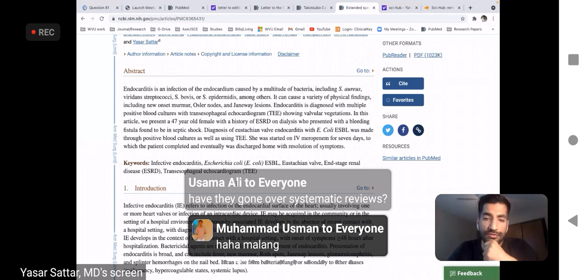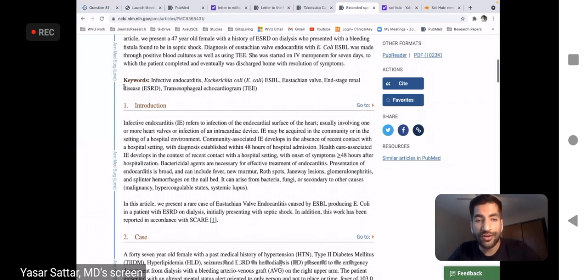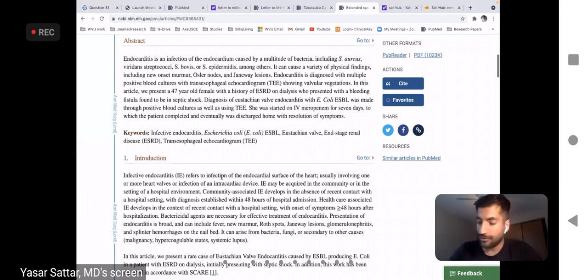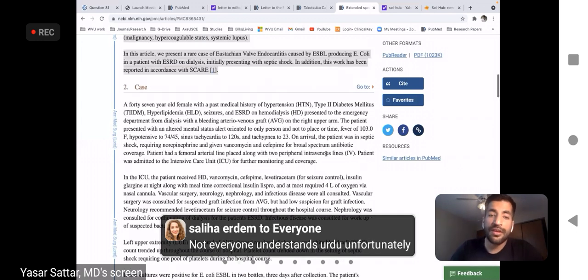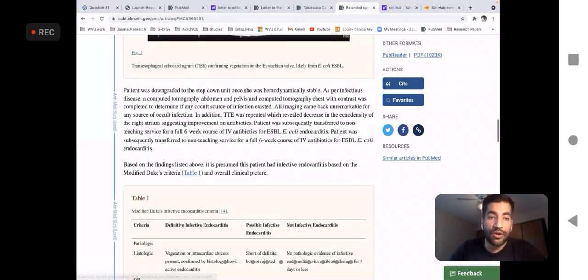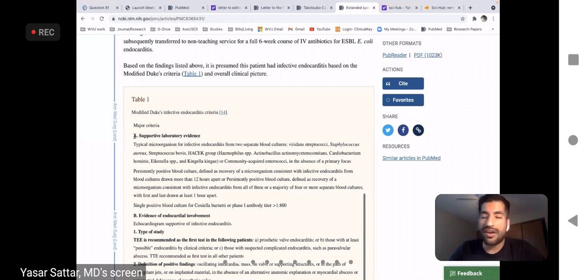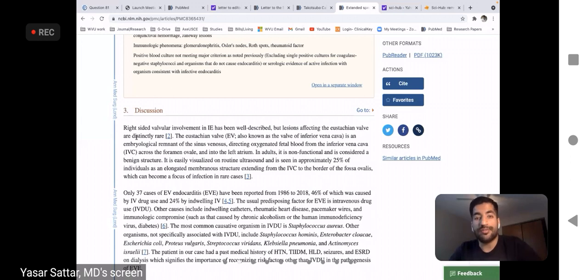I will try to update you about the case reports. Basically, in a case report, you have a very short introduction, like 200 or 300 words. Then you have the case. How was the case presented? What you did to diagnose that case, how you treated that case, and how your case is unique as compared to cases which were published in the past.